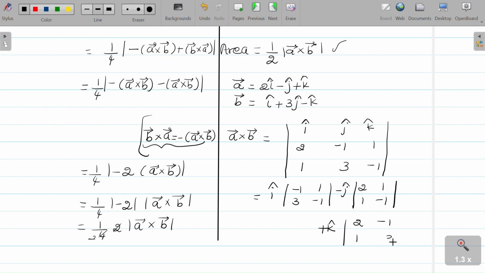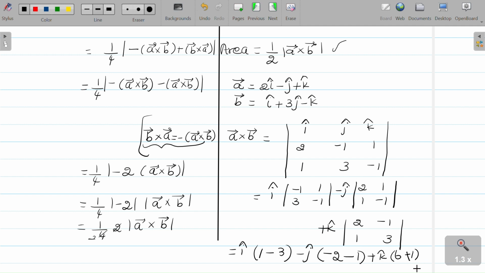So keeping i cap, taking the determinant for this, we know how to take a 2 cross 2 determinant. Minus 1 into 1, it is minus 1, minus 3 ones are 3, minus j cap into 2 ones are minus 2, minus 1 ones are 1, plus k cap into 2 3s are 6, minus 1 into minus 1, it is going to be plus 1.